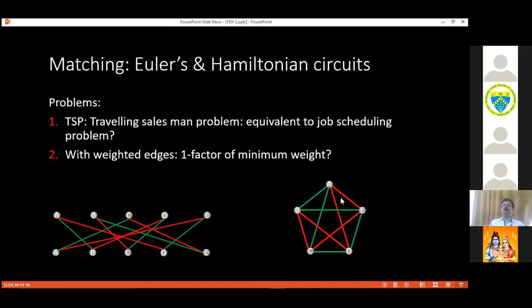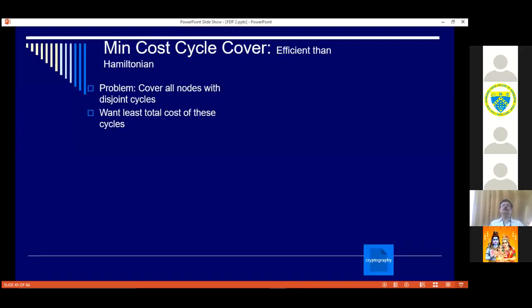The traveling salesman problem can be converted into a maximal or minimum matching problem. Instead, we have another type of minimum cost cover. In the traveling salesman problem we have only one salesman, sent to cover all the vertices and return to the office at minimum cost.